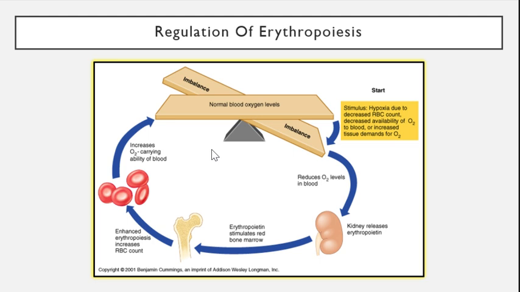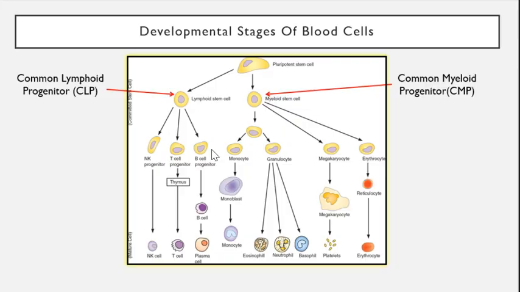Those reduced oxygen levels will stimulate the release of a protein called erythropoietin. It stimulates these reticulocytes, the precursors, to divide into erythrocytes.